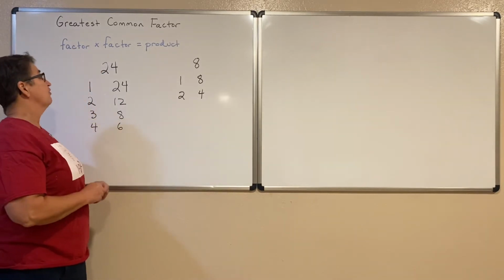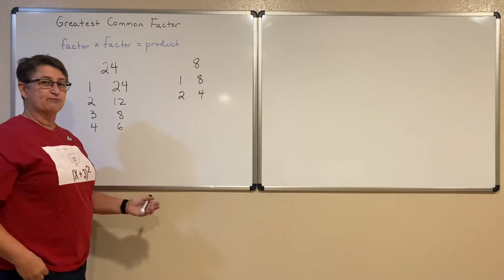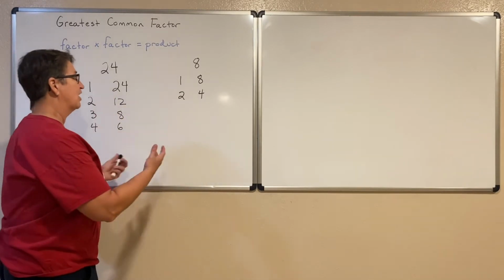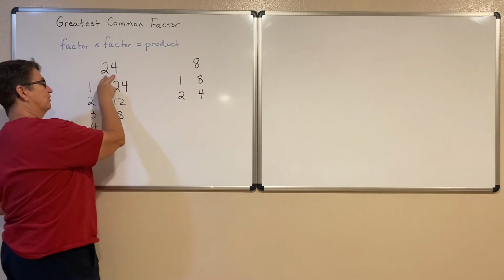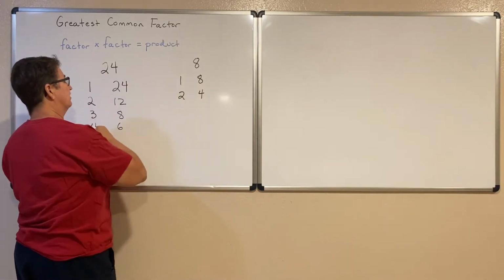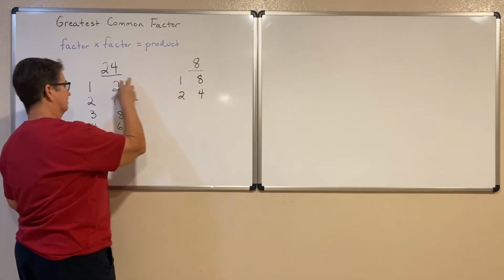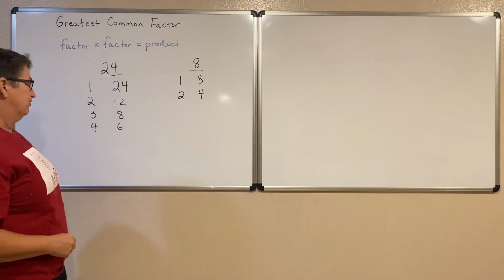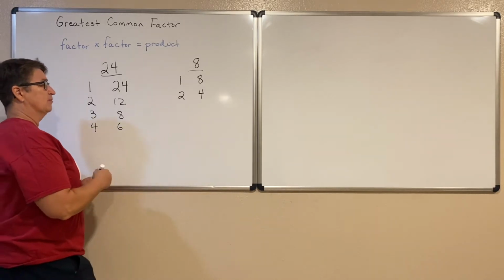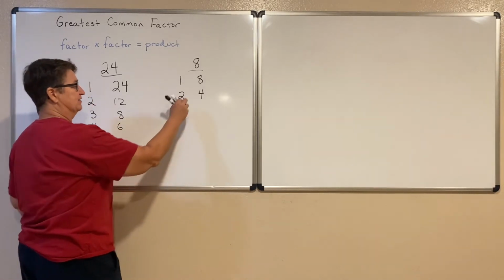Now, when I look for the greatest common factor, I'm looking for the biggest number that goes into both of them. So what's the biggest number that goes into 24 that also goes into 8? If you look at these lists of factors, the biggest number over here is 8.